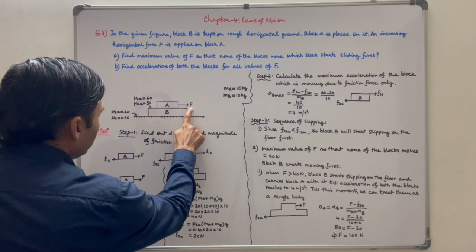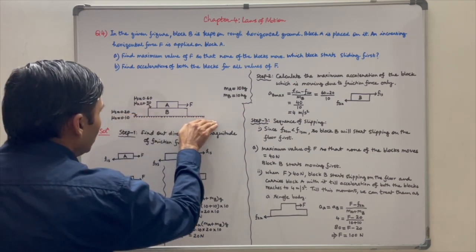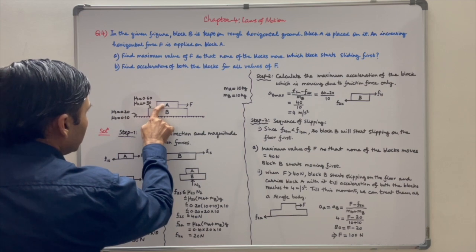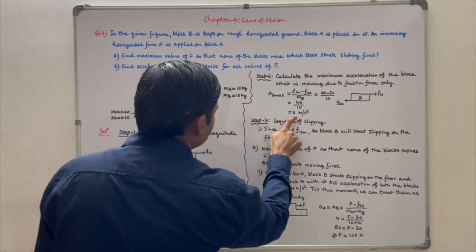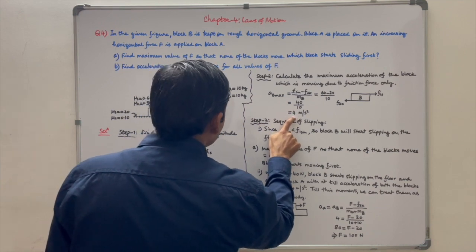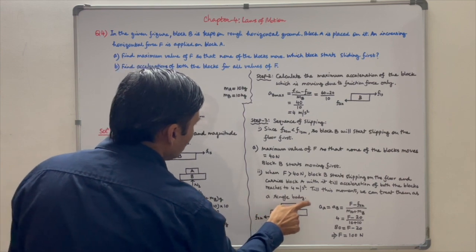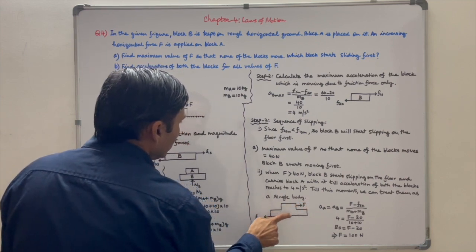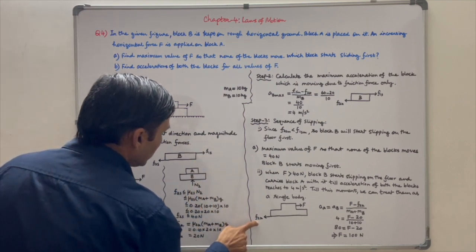When value of F is more than 40 Newton, block B starts slipping on the floor, taking block A along with it, till their acceleration reaches 4 meter per second square. Till that point of time, we can treat them as a single body on which external force F is applied. On its bottom surface, floor is applying kinetic friction F2K.